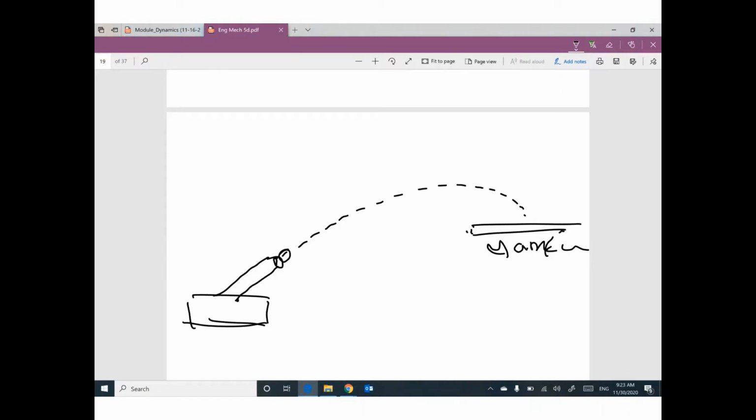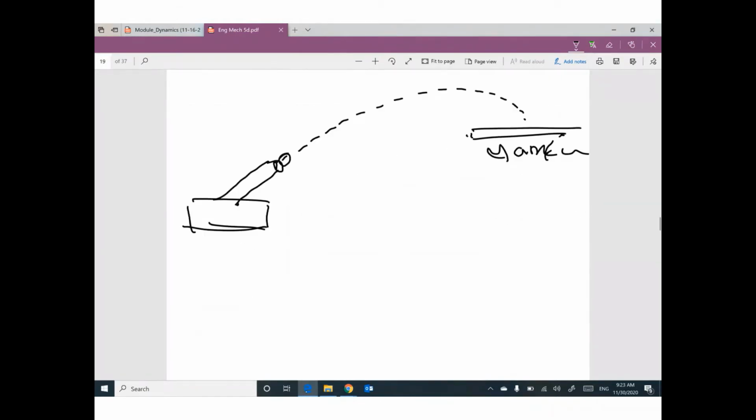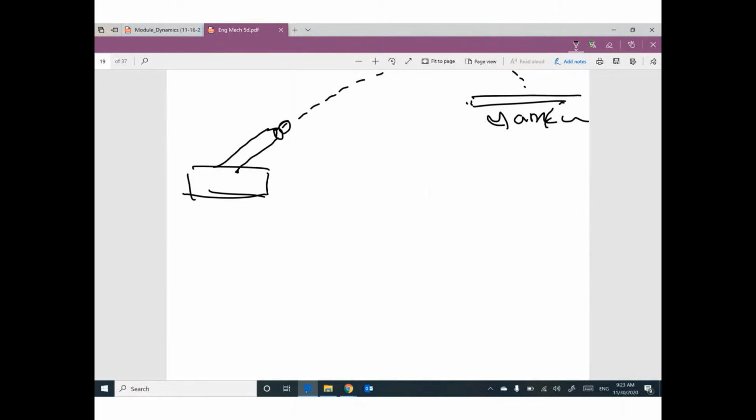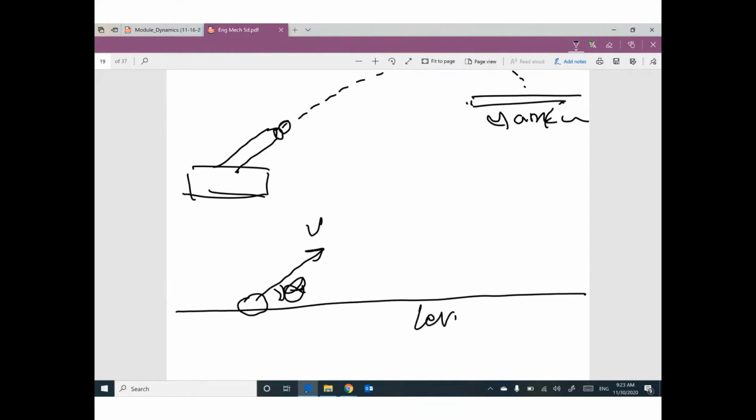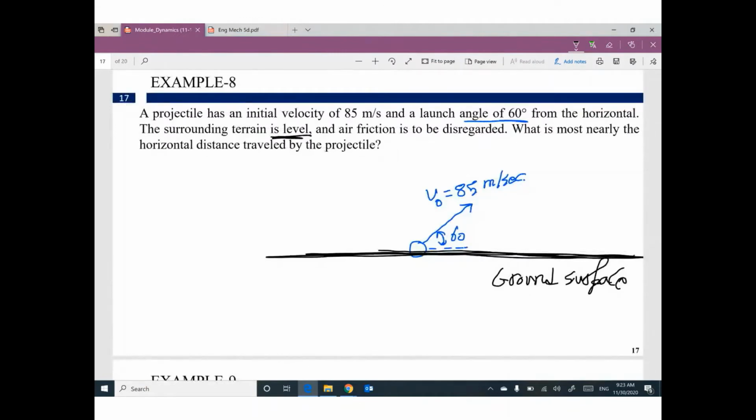So we are talking about two different levels. But in our problem, the problem said this projectile with initial velocity and angle theta, and the surrounding terrain is level. We are talking about the horizontal level of the Earth's surface.